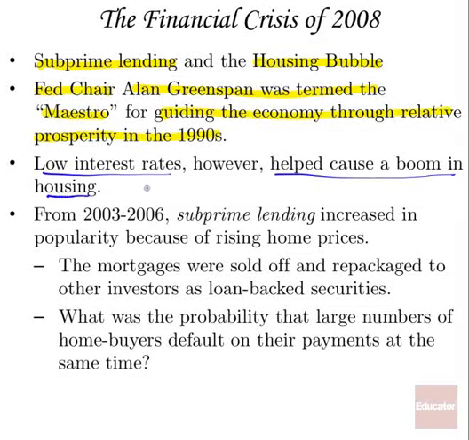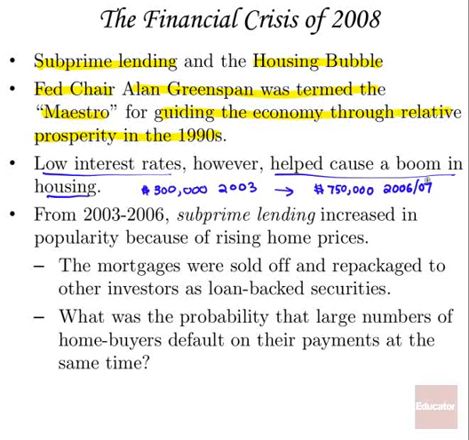So maybe a house that was worth $300,000, let's say in 2003, suddenly became maybe not 800,000, let's say 750,000 in 2006 or 2007, the height of this financial bubble, right?